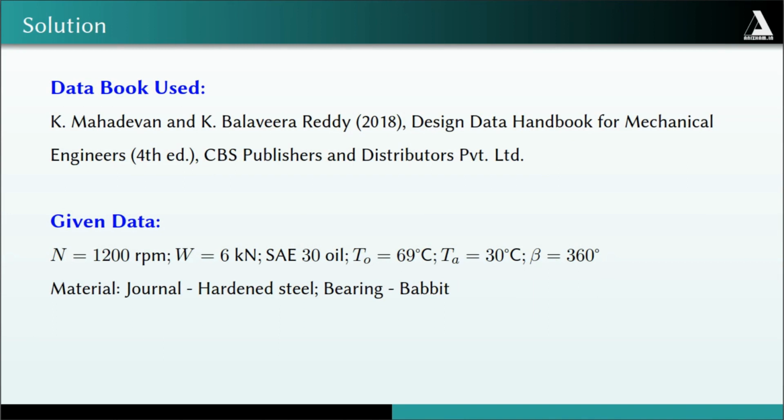The given data are the speed of the journal, 1200 RPM, the load, 6 kilonewton, the oil used is SAE30 oil, the operating temperature TO is 69 degrees Celsius, the ambient temperature TA is 30 degrees Celsius, and beta is 360 degrees, that is, the bearing is a full journal bearing. The journal is of hardened steel and the bearing is of Babbitt material.